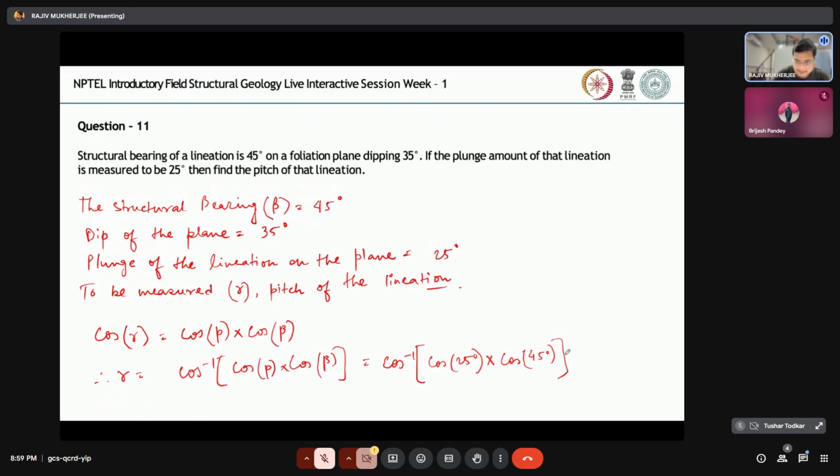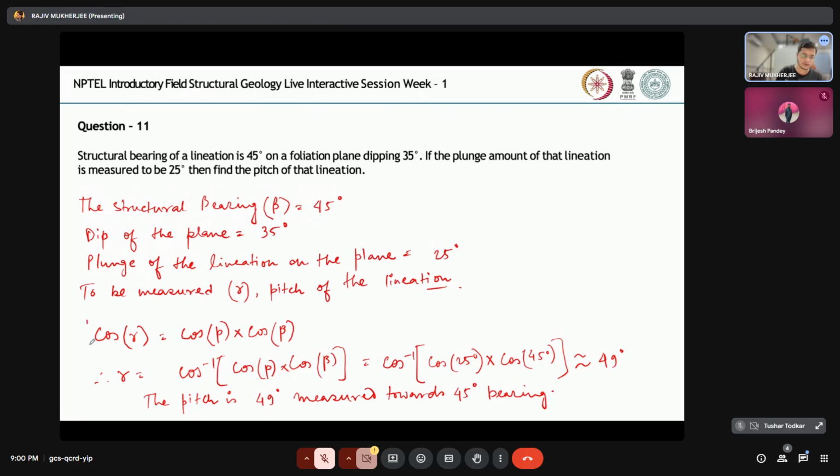And this is nearly 49 degrees, which says that pitch is 49 degree measured toward the 45 degree bearing. Okay, so this is how we could answer.